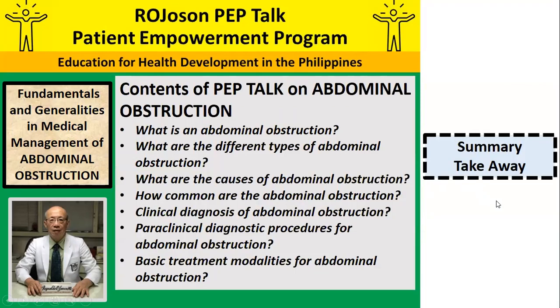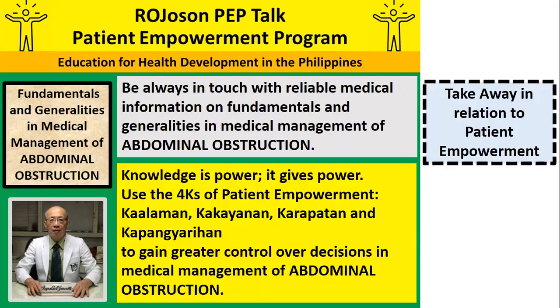So summary and takeaway in this talk, I have discussed all of these topics: abdominal obstruction, what is it, different types, causes, how common, clinical diagnosis, paraclinical diagnostic procedures, and basic treatment modalities for abdominal obstruction.